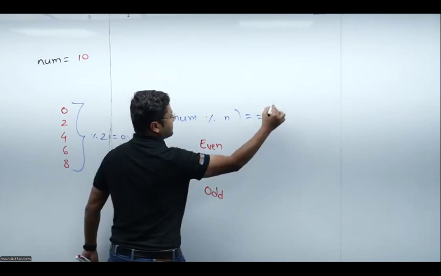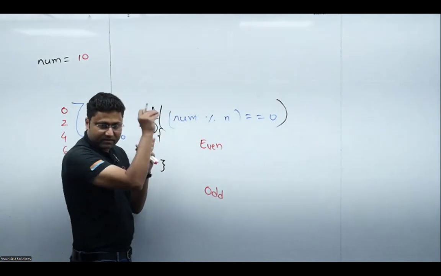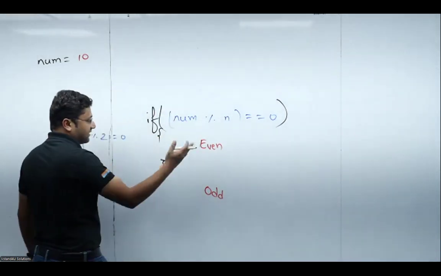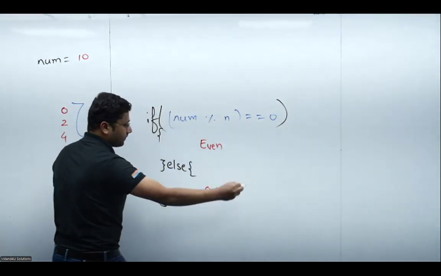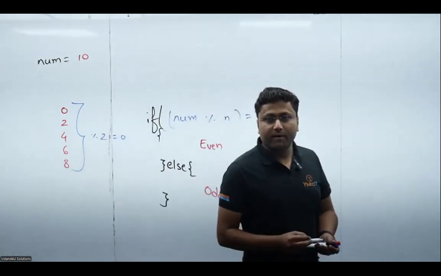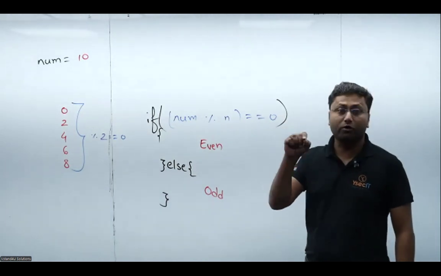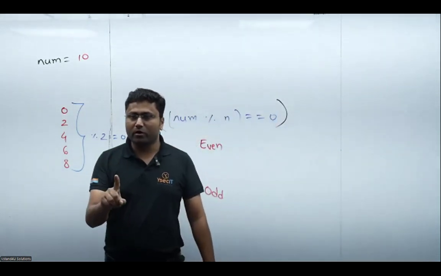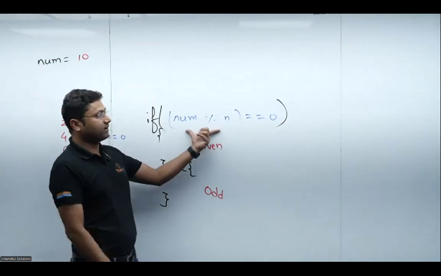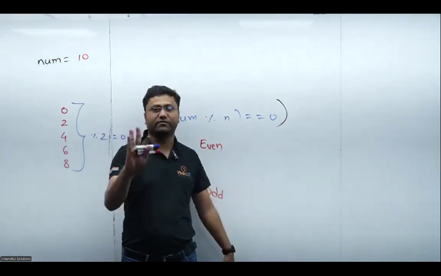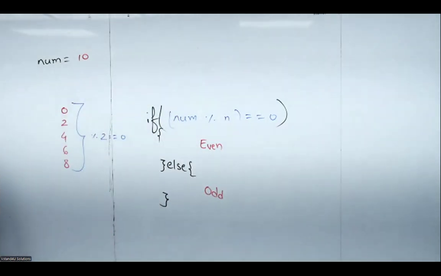If this is the condition, the number is even. 10 is an even number. Else, odd. To handle even or odd, you need to check divisibility by 2. In order to check any divisibility, the modulus operator should be used. If the value after using the modulus operator equals 0, it is divisible, else not divisible. Am I clear? Shall I move forward, everybody?